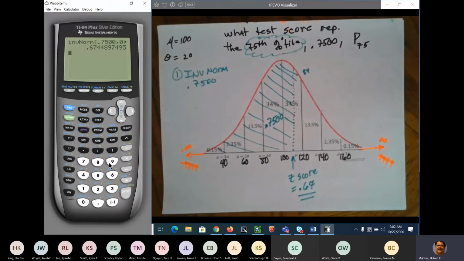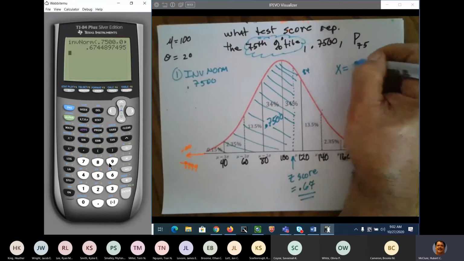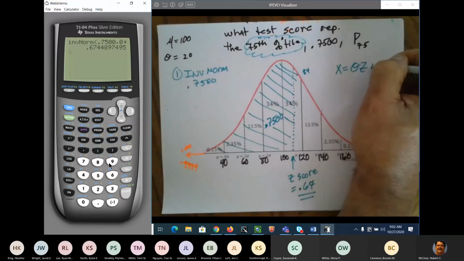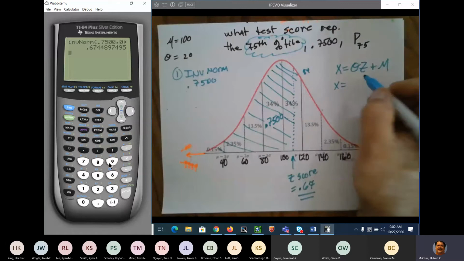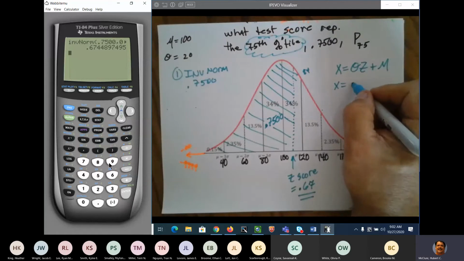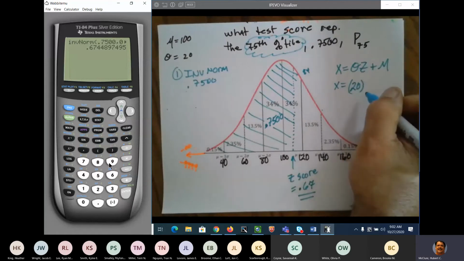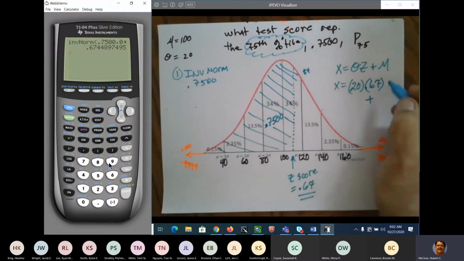Now remember the other formula I gave you: x is equal to σz plus μ. So x is equal to 20 times 0.67 plus 100.